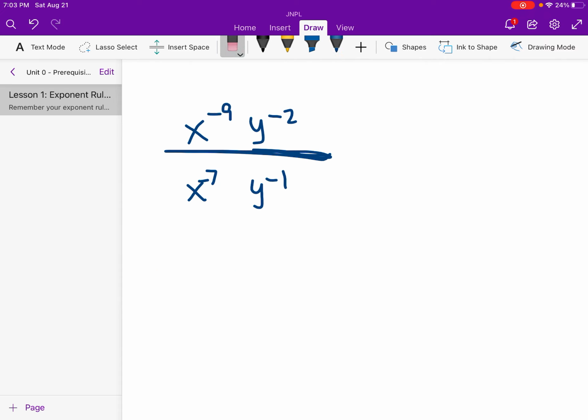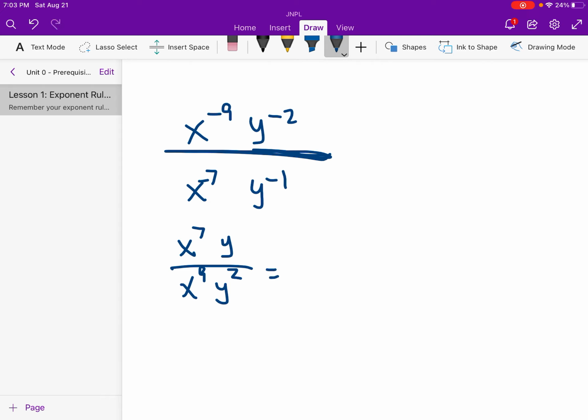But an easier thing to do is you can just switch what sides things are on if they're negative. So since this is a negative 9, we know it's going to be on the denominator. And when you have a negative exponent in the denominator, it goes to the numerator. So we can make this y to the second also go down here, this x to the 7th go up, and then this y to the 1st, or just y, go on the numerator.